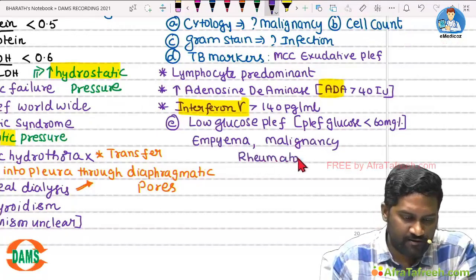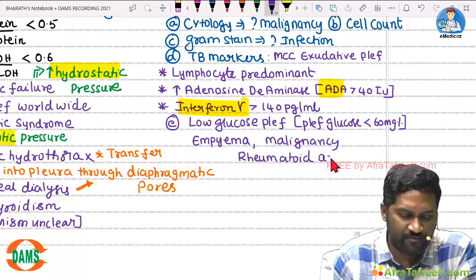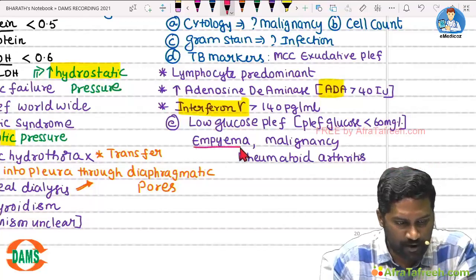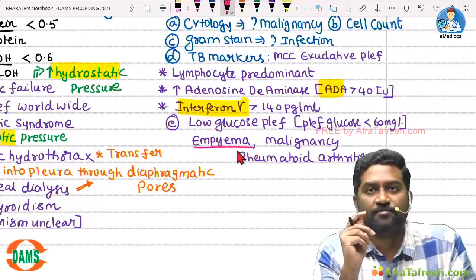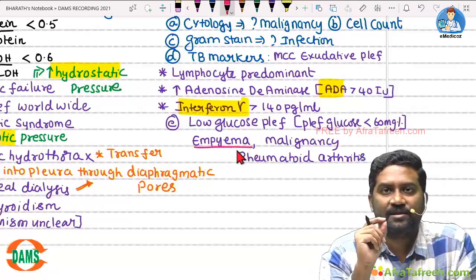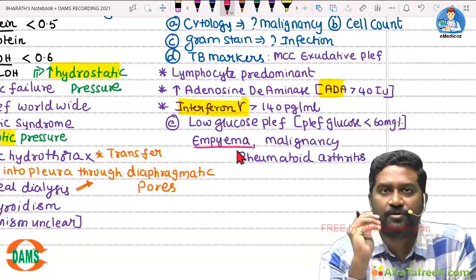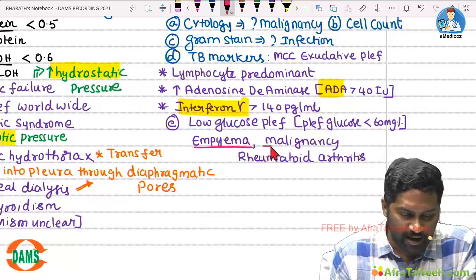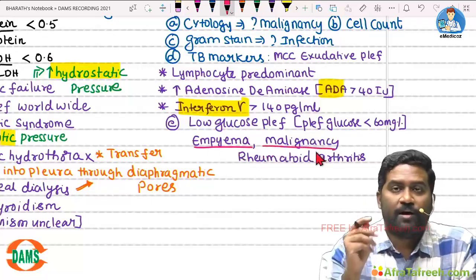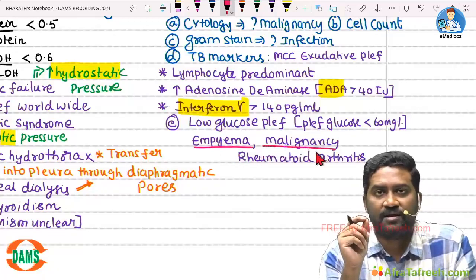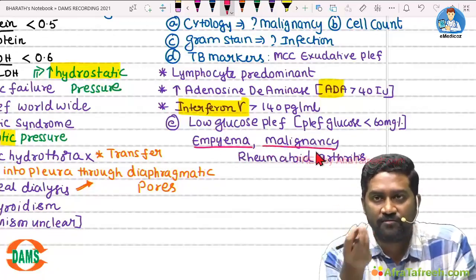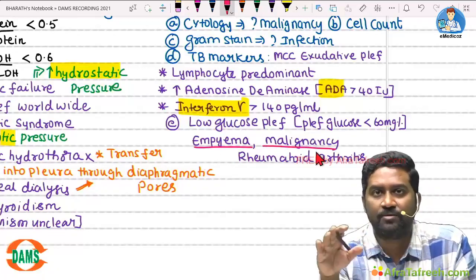Now what is the reason for these pleural effusions to have low glucose? What is meant by empyema? Empyema means pus. What does pus contain? Actively dividing bacteria. What do bacteria consume as food? Glucose. Then malignancy. What will malignant pleural effusion contain? Actively dividing tumor cells. What do they consume? Again glucose.